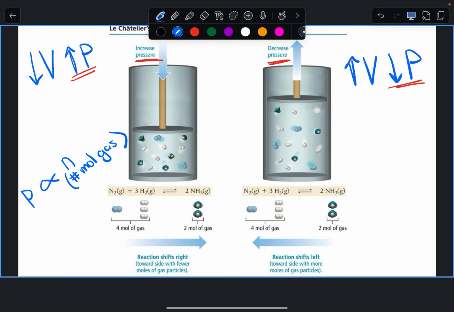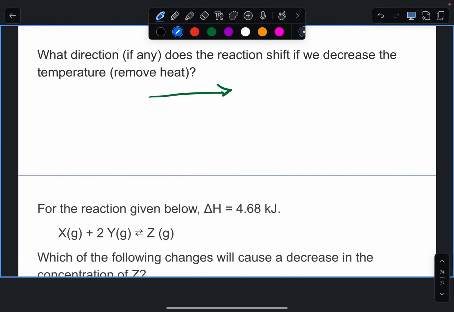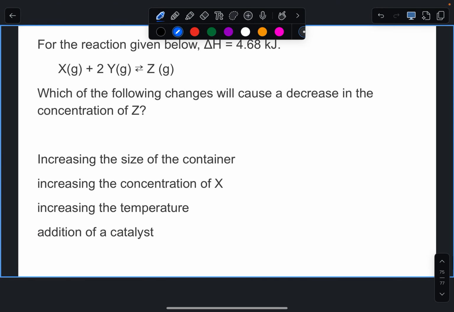So for our last practice, let's look at this one. Sorry, I'm kind of out of order. So it says which of the following will cause a decrease in the concentration of Z. Just start by telling me the shift. Which way does each of these cause, what shift does each of these cause?